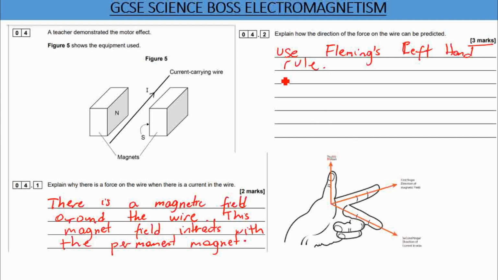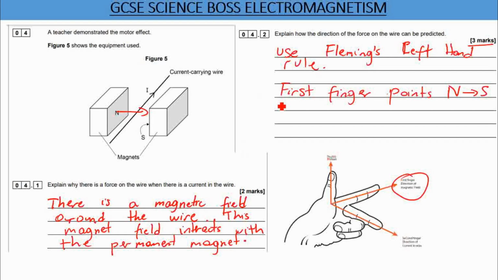All right, so your first finger, where are you going to put your first finger? Your first finger is going to point from north to south in the magnetic field. First finger points north to south, okay? So your first finger is going to be aligned like that, north to south.